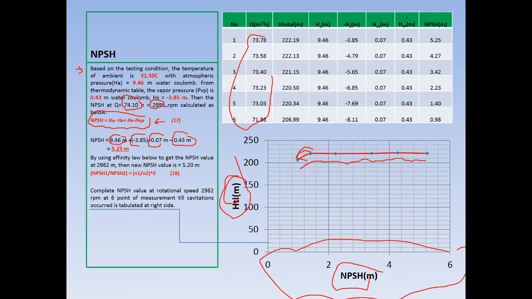You have to understand here: 9.46 meters minus the static pressure at the suction, plus the velocity head difference, and the head of vapor pressure. Quite interesting, right? So we have to go to the definition of the NPSH as I explained before.